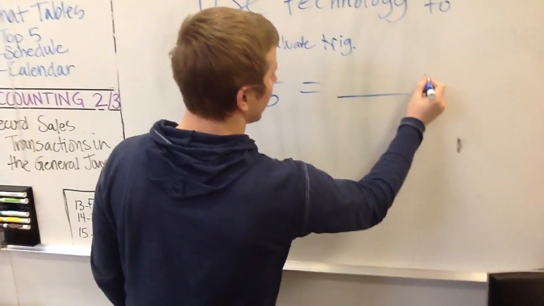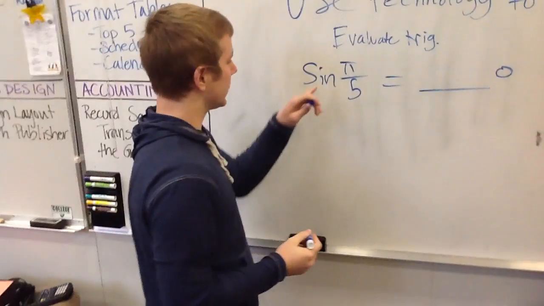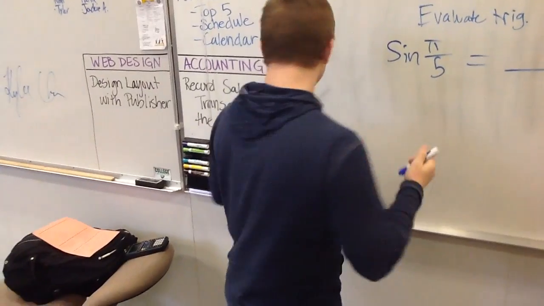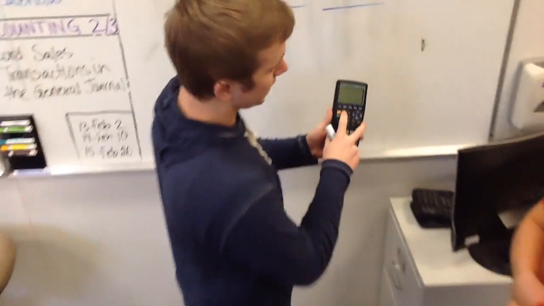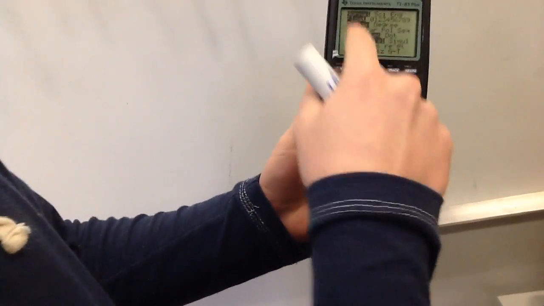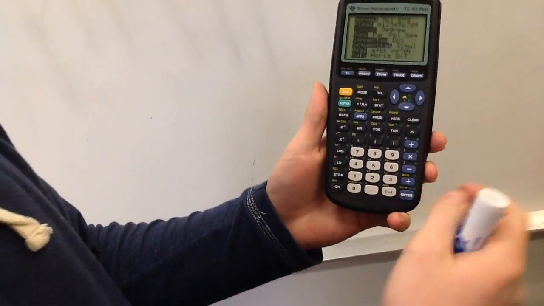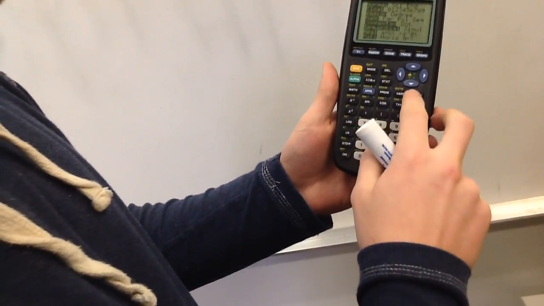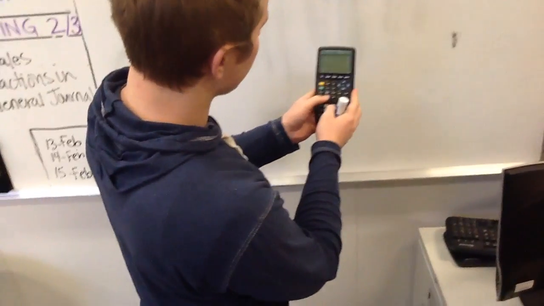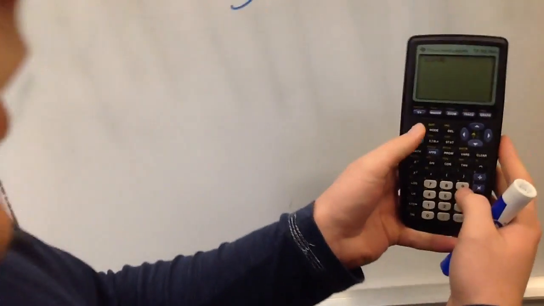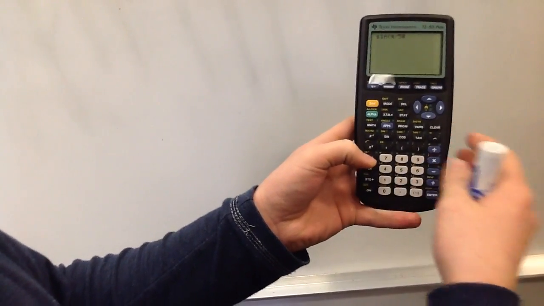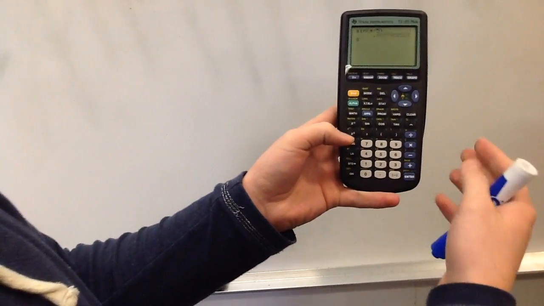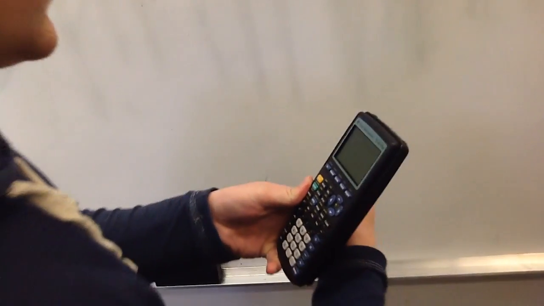You take your calculator, go up to mode, click mode, and make sure that it's in radians mode. Then click enter, and go back to the home screen. So you know it's in radians, and then you just type in sine, then pi, which is over here in this corner, divided by 5. Close up the parentheses, and that's your answer.